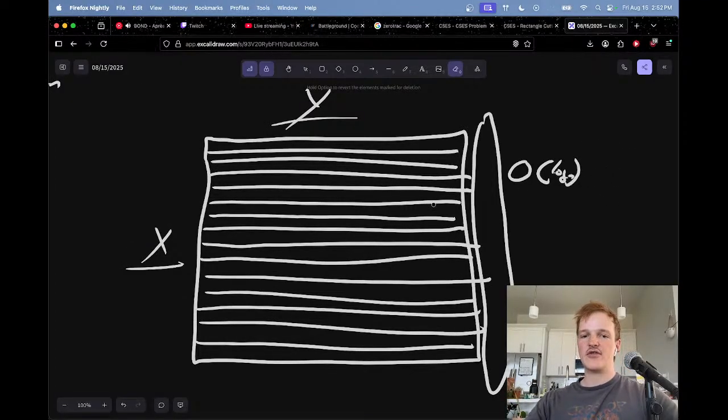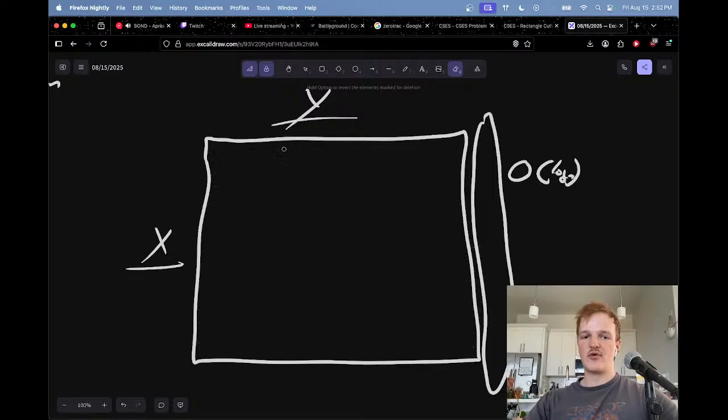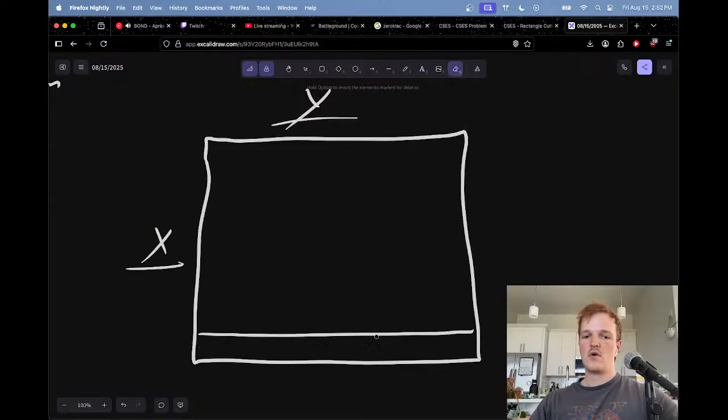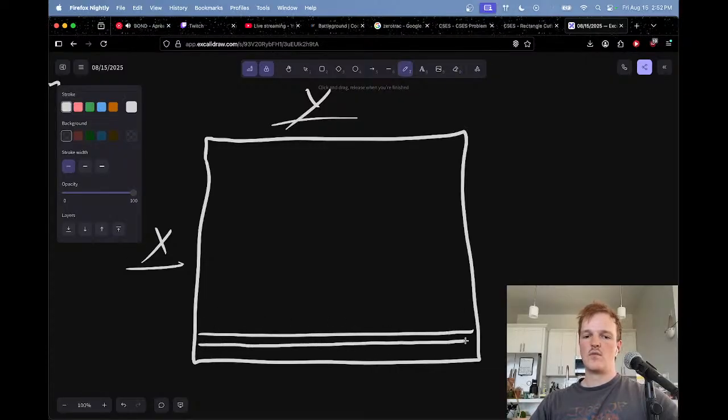So you could say, forget the sparse table thing, if you had a prefix minimum, that's pretty weird. I don't know about that.